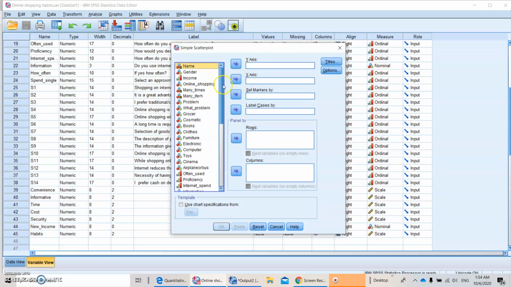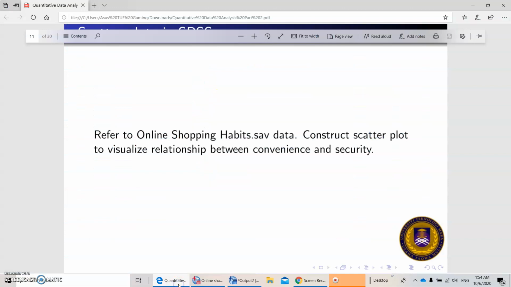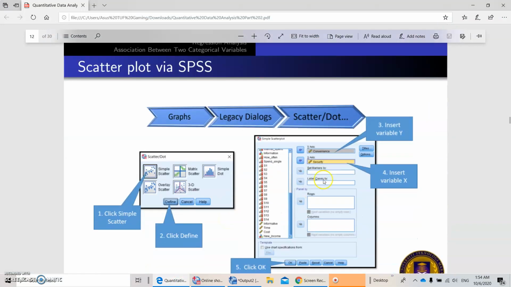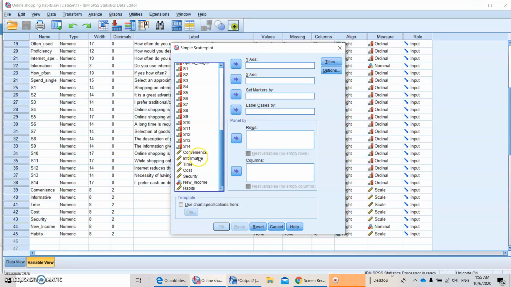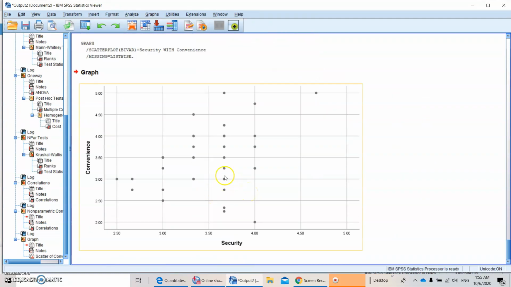The y-axis is the convenience, the x-axis is the security, and then just click OK. So this is the scatter plot, the convenience versus the security.